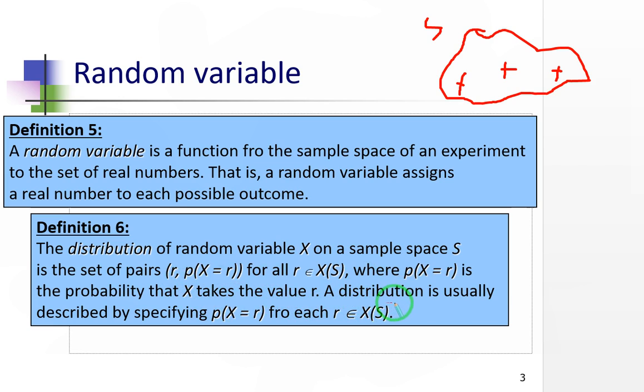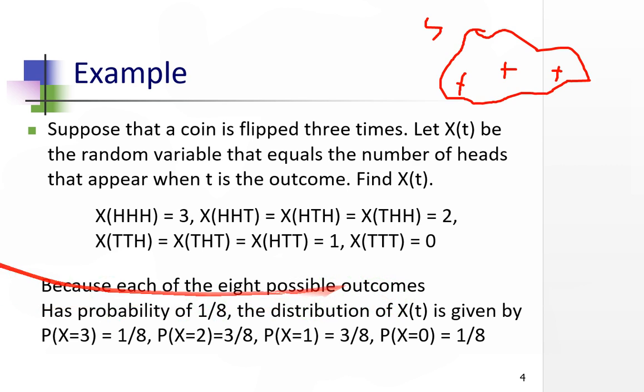A distribution is usually described by specifying p(X = r) for each r belonging to X(S). So what does it mean now? In this example, with this symbol, you can study it now, to see what it means.